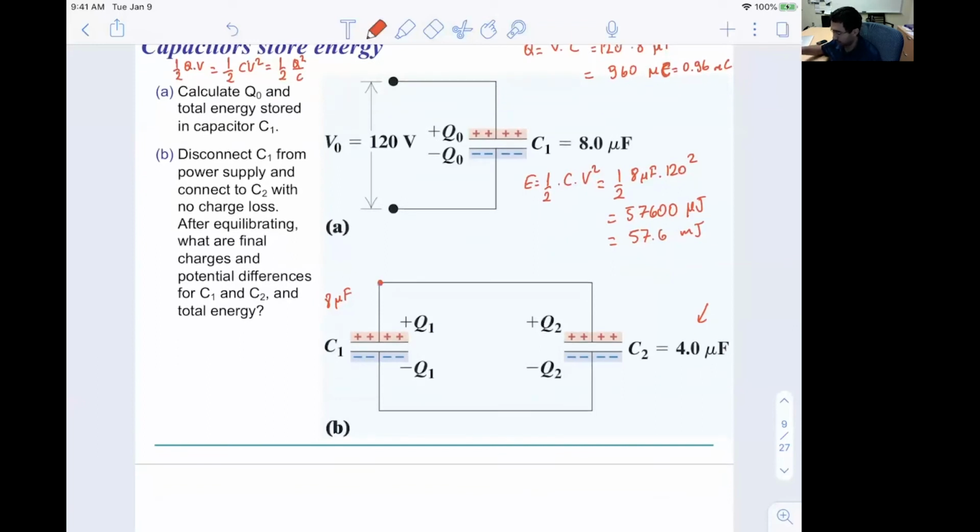Now, what you see is when they are connected, you can do it two ways, and one is correct, the other one is incorrect. The first correct way is assuming they will have the same potential, because these are connected on the same cables, right?